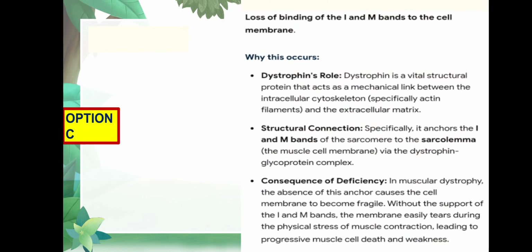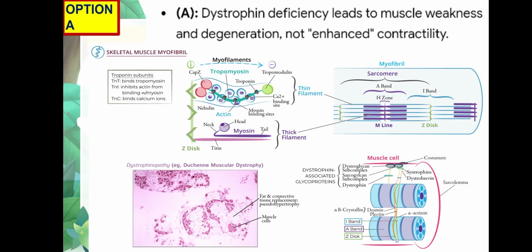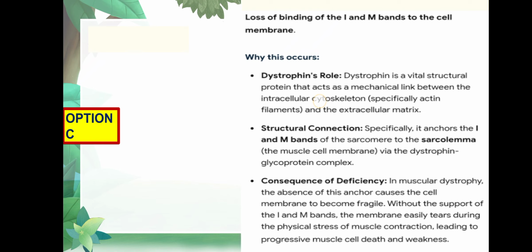Option number C is loss of binding of the I and M band to the cell membrane. So here you can see in this figure that dystrophin is connected to the I band, isn't it? I band or A band, you can see here. So this is the correct answer.